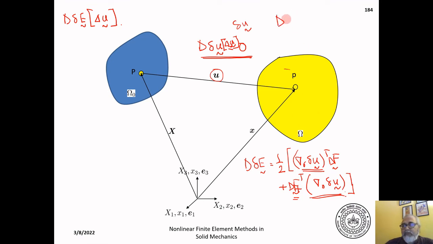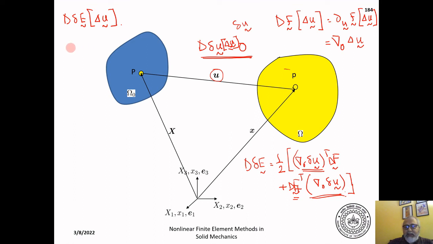D of f in the direction of delta u, we have already seen, is the directional derivative with respect to u of f in the direction of delta u, but now in the direction of triangle u. We already know f in the direction of delta u, so we know that this is equal to this.